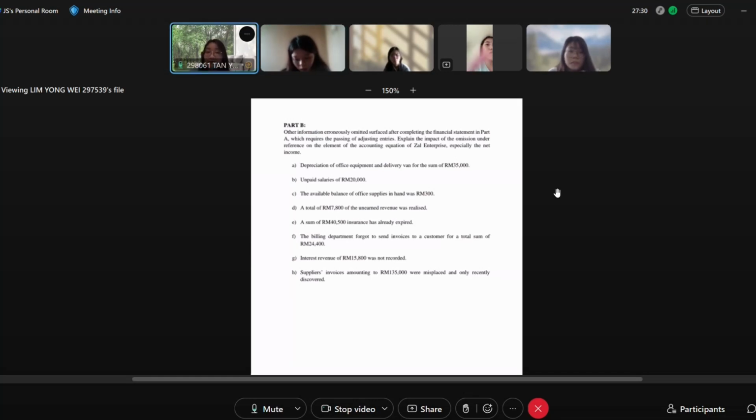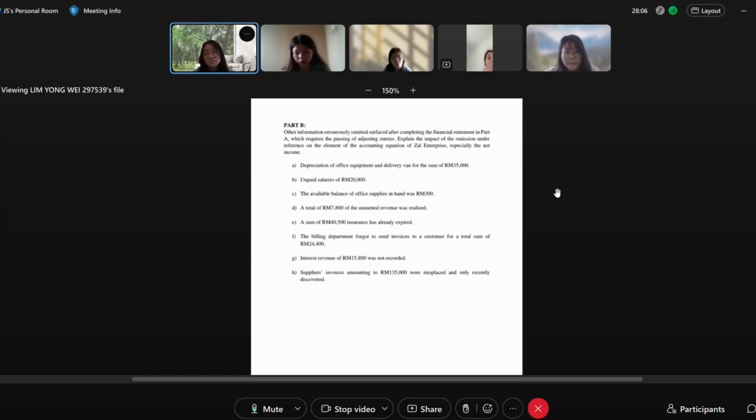So the next, the billing department forgot to send invoice to a customer for a total sum of 24,400 ringgit. This will affect the asset. Yes. For this, the asset and owner equity will increase. So the next, interest revenue of 50,800 was not recorded. This needs to be recorded.